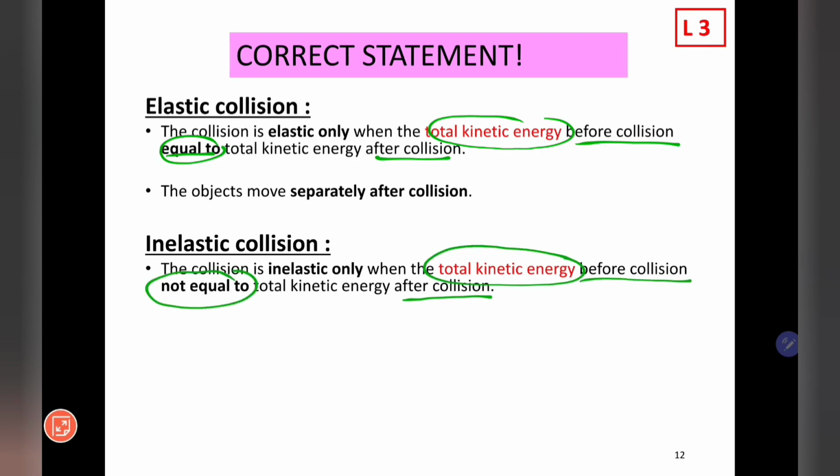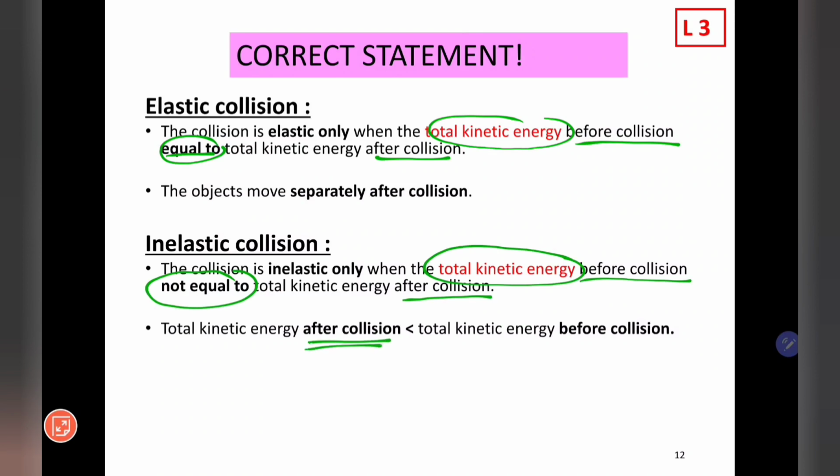Then the total kinetic energy after collision is normally lesser than before the collision. Why? Because some of the energy is lost to the environment. The energy is converted to heat or maybe sound energy.